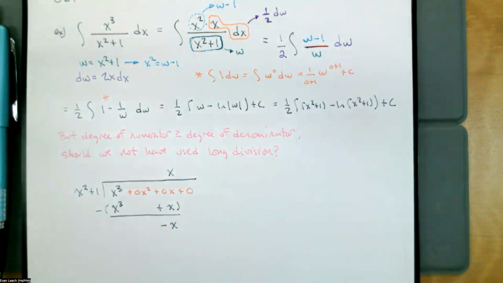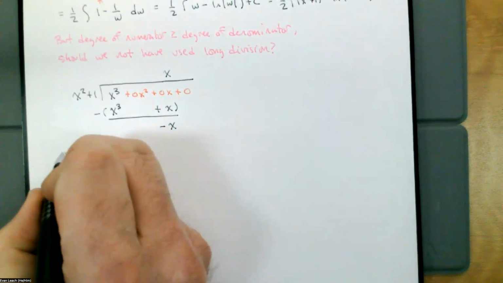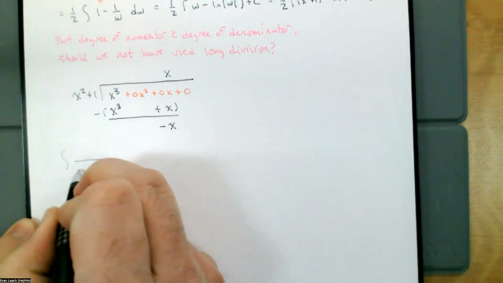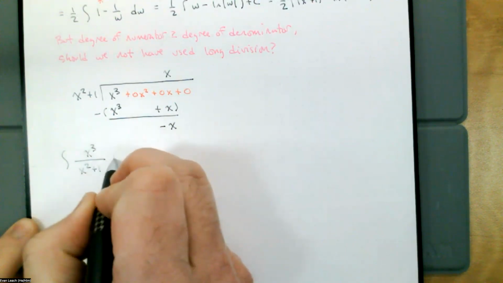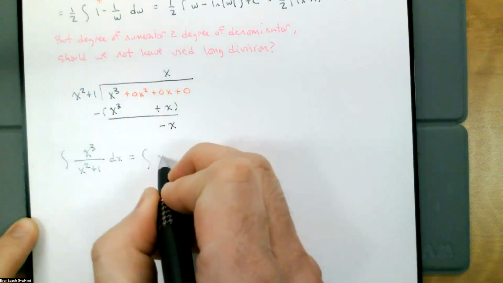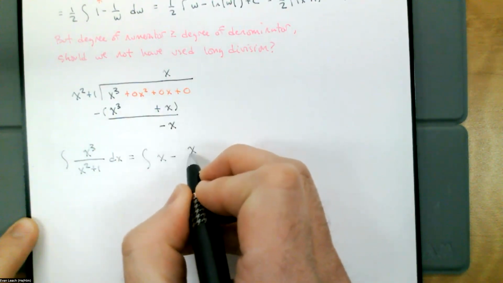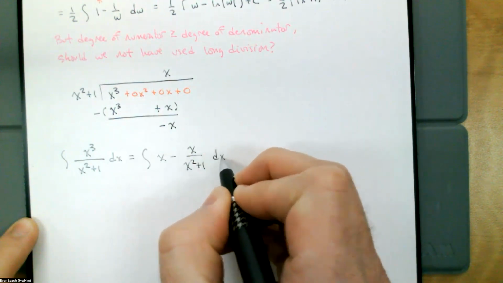So if we apply long division to the problem, then we would rewrite our integral of x cubed over x squared plus 1 as x minus x over x squared plus 1 dx.